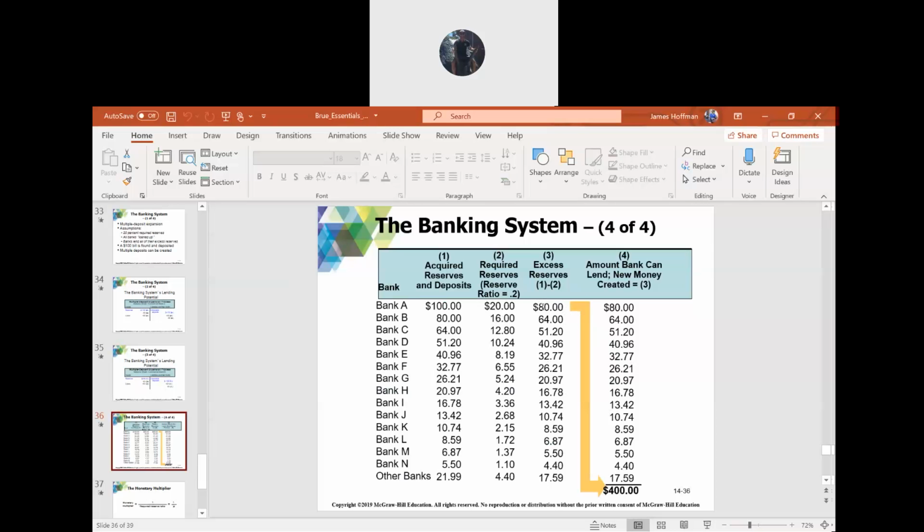So Bank A can create $80 of new money. The whole banking system can create up to, in this case, $400. If that makes sense, that'll help you understand the money multiplier.